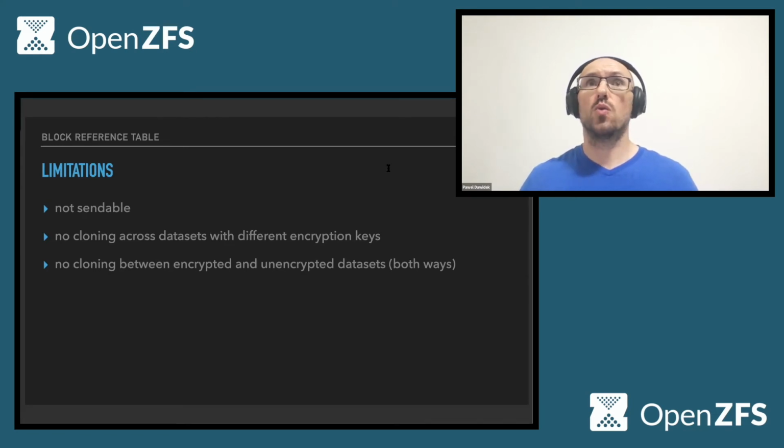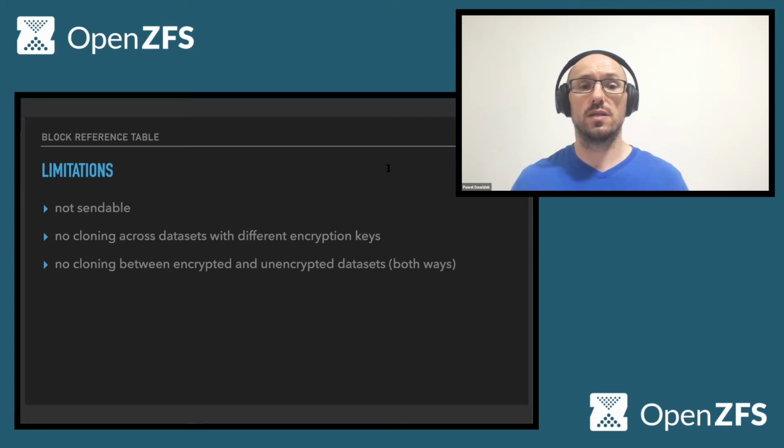I would like this to work across datasets. I would like to be able to move or clone files between datasets. But of course, I don't want this to work when there are different encryption keys. So this is a similar limitation to dedupe. If the encryption key is inherited, like through ZFS clone, then that should be fine.